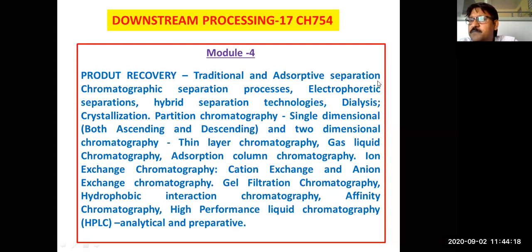Suppose you are buying it as a reagent, then it will be around 200 rupees. But if you are going for analytical grade, then it will be in terms of 1000. So why is this cost increasing? The cost is increasing because the purification method you have employed in your product is increasing.